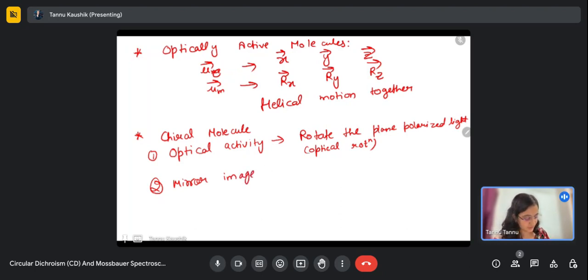So its enantiomers are mirror images of each other but non-superimposable.